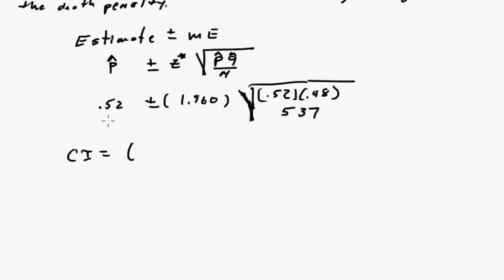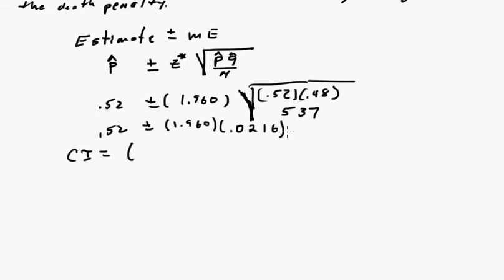So this is just going to be 0.52 plus or minus 1.960 times 0.0216.